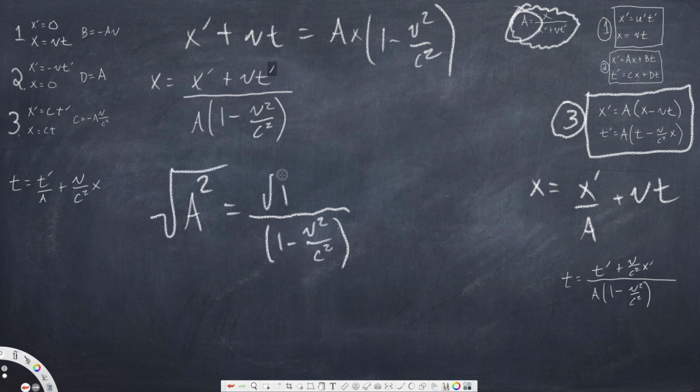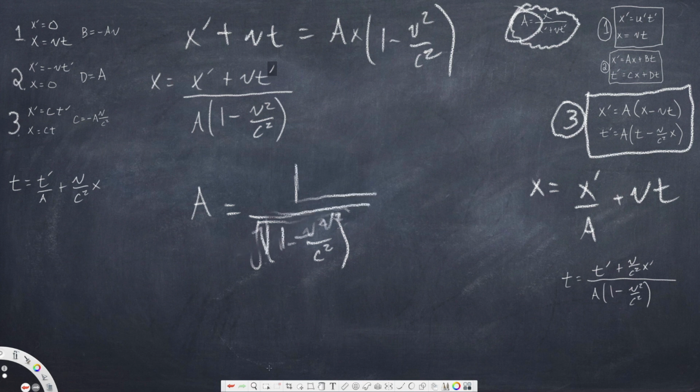Square root both sides. And we are left with the square root of a squared is a. The square root of 1 is 1. And the square root of 1 minus v squared over c squared is the square root of 1 minus v squared over c squared. This is as simple as it gets. So we have found what a equals.